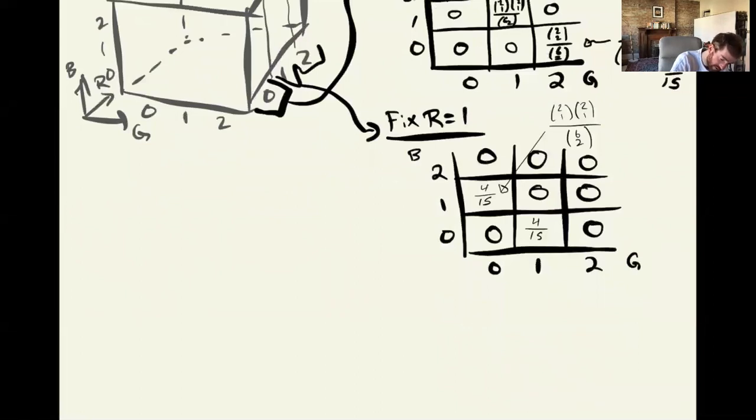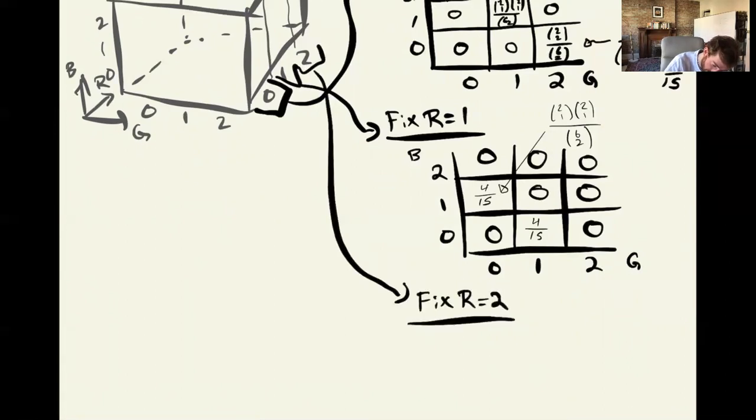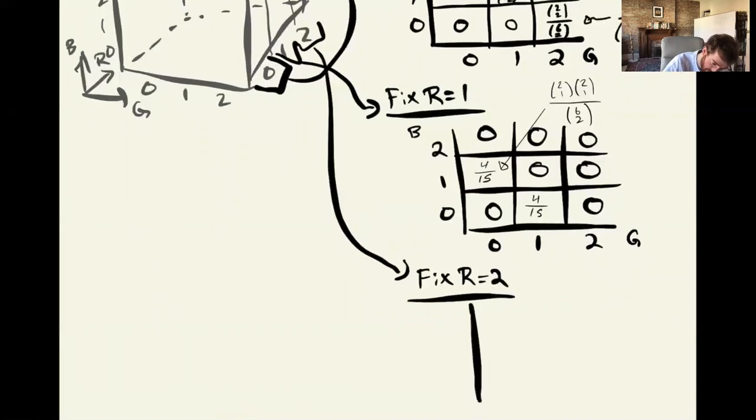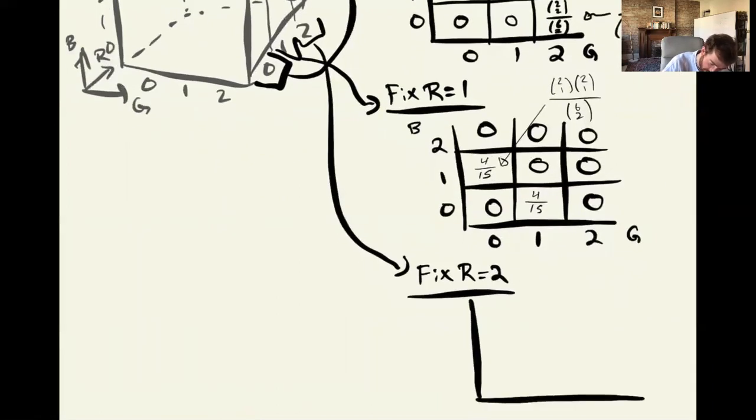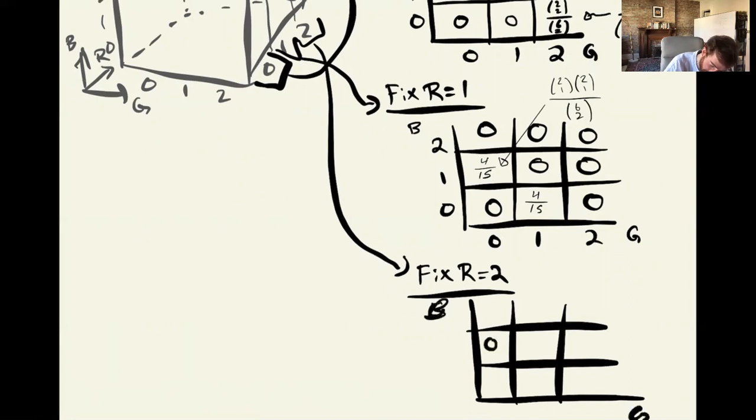and that's the slice where r equals 2. Again, if you try to visualize what this looks like, got a number of blue balls here, a number of green balls here. All of these have to be 0.